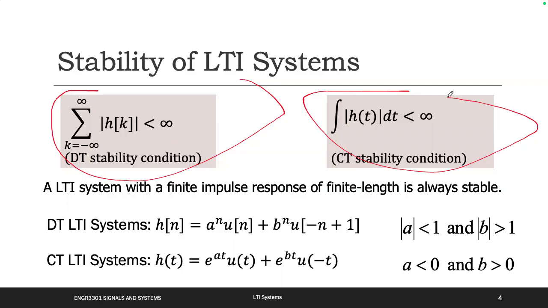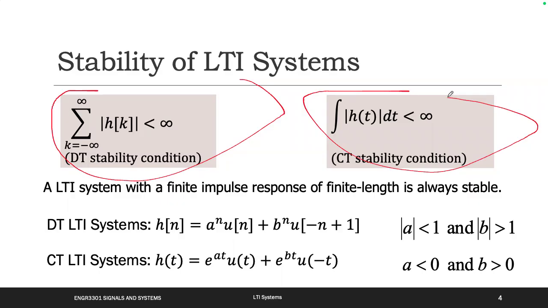This is how you can tell whether your system is stable or not, causal or not. Let me ask you one question. If we want to decide whether an LTI system is stable, do we need to check the input signal? No. What should we check? Yes, the impulse response.